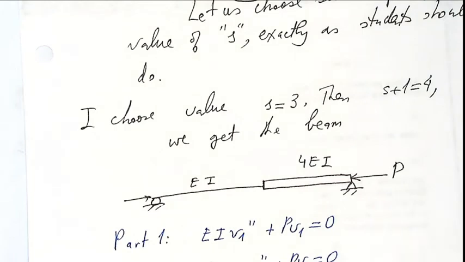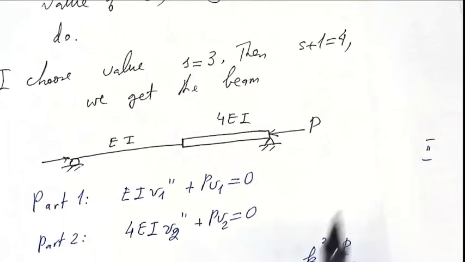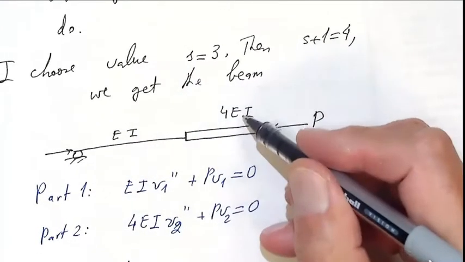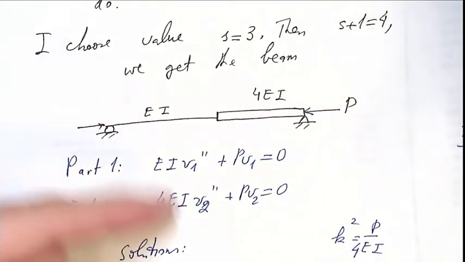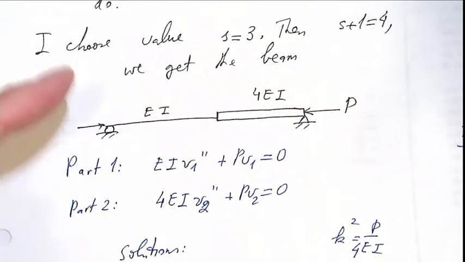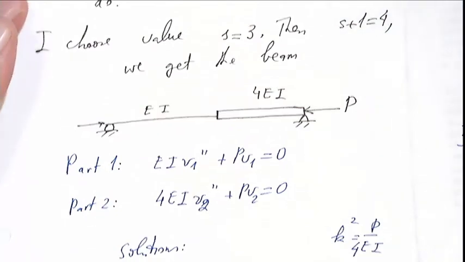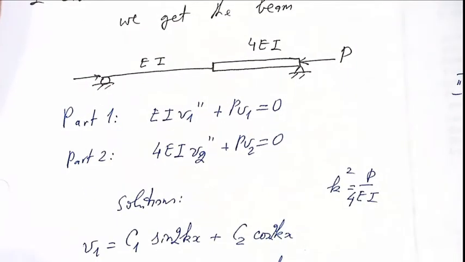Because 1, 2, 3, that is what I decided. Then we get here EI, here 4 EI. So that is good actually. What I'm talking to you about is, for student number 3, this is the solution of his or her problem. I don't know who this student is.